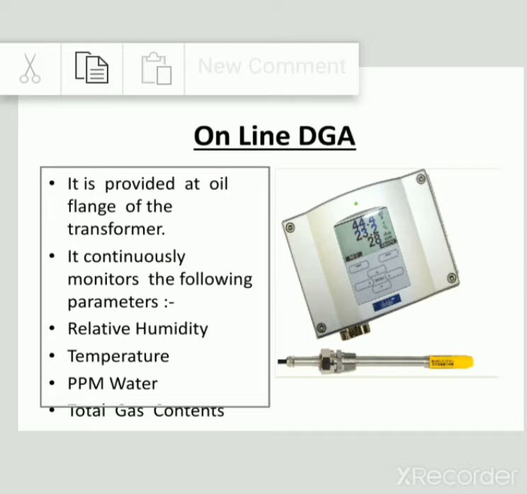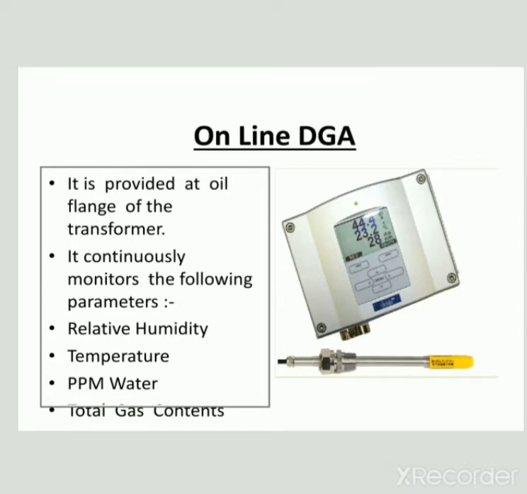Next is ppm water. These are important parameters which need continuous monitoring. And last one is total gas content. In the transformer the total gas is available, so the contents of gases need to be monitored, that's why DGA is used there.